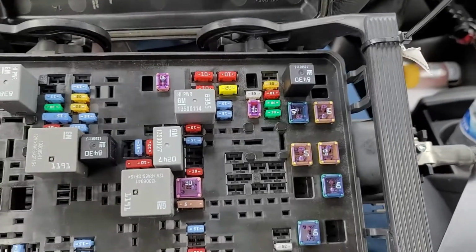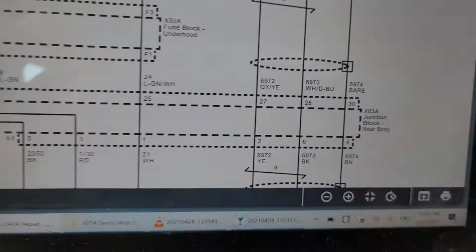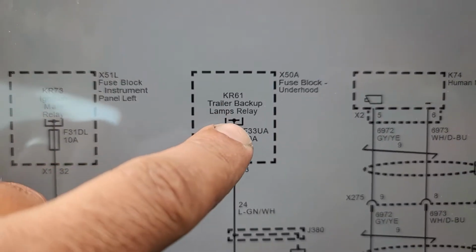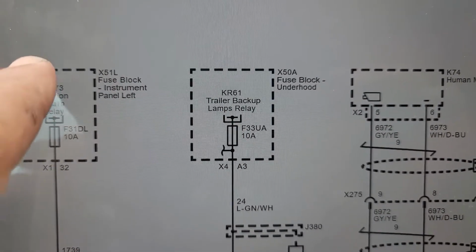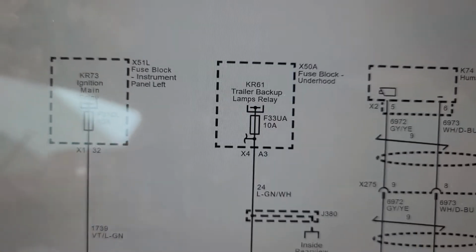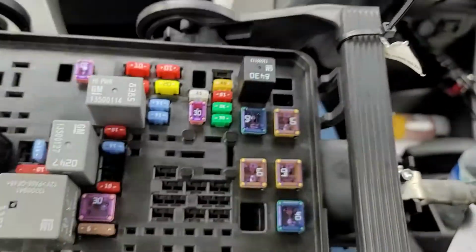By the way, I want to share with you guys one concern. Remember in our diagram, and this time I pulled the OE. The reason I pulled the OE is because in the non-OE it said trailer backup lamp relay, and I couldn't find anything that says this exact phrase.